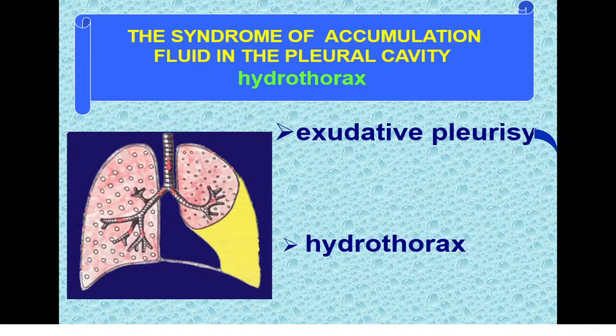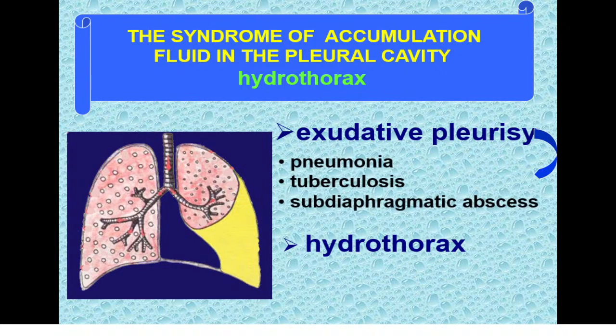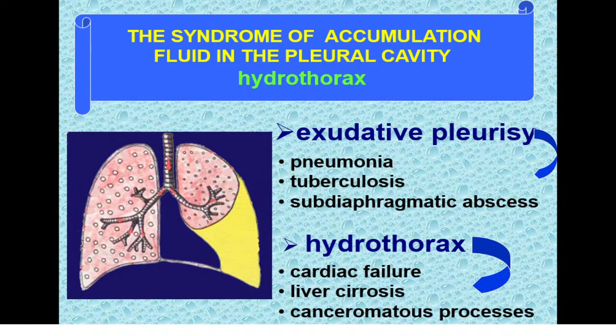We are talking about exudative pleurisy, which appears as a complication of pneumonia, tuberculosis, lung abscess, or subdiaphragmatic abscess due to liver pathology. And non-inflamed hydrothorax appears due to a response of the pleura to any other pathology.